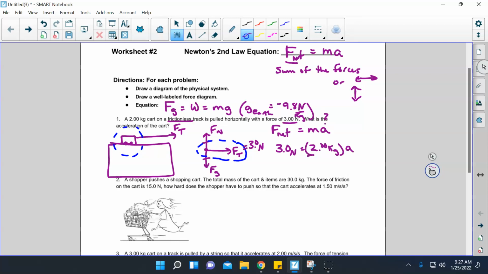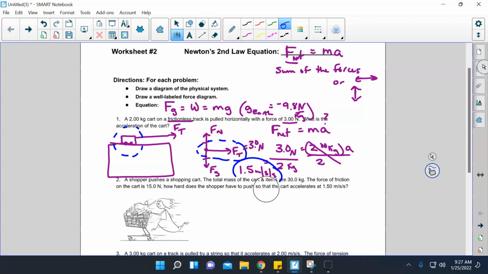So when I do this, I'm going to divide by 2 kilograms over here, and I have to do the same thing here. And when I solve this, I would get 1.5 meters per second each second. Okay? So that would be my answer for this. This is what the cart's going to accelerate at.